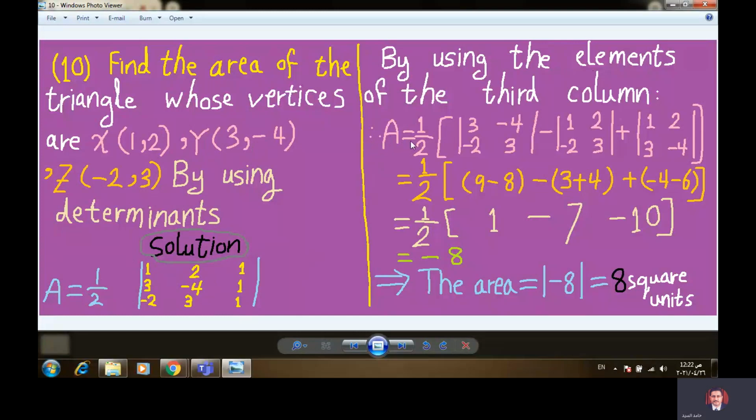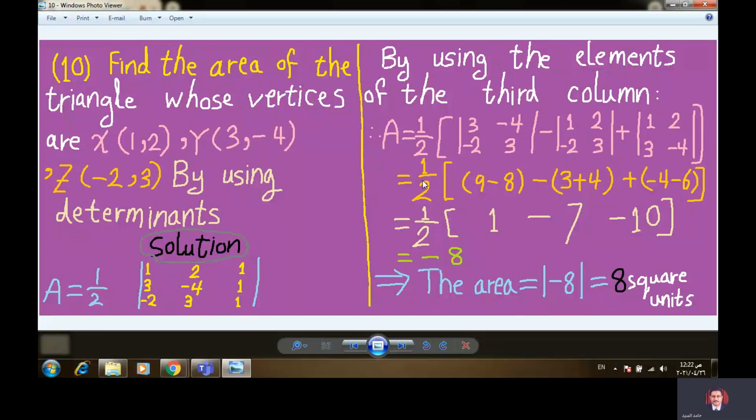therefore A equals half times this determinant of elements 3, negative 4, negative 2, and 3, minus this determinant of elements 1, 2, negative 2, and 3, plus this determinant of elements 1, 2, 3, and negative 4.